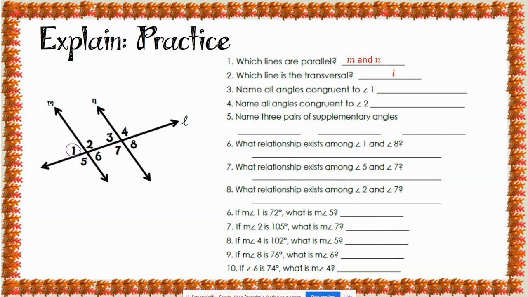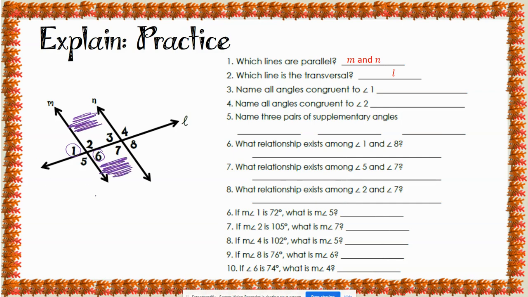I see that angle 1 is going to be congruent to angle 6. And I know that not because of things that I just learned, but because these are opposite or vertical angles. So angle 1 is going to be congruent to angle 6. Now I also know that angle 1 is an exterior angle. I know that because these are my two parallel lines, so everything in here is an interior angle.